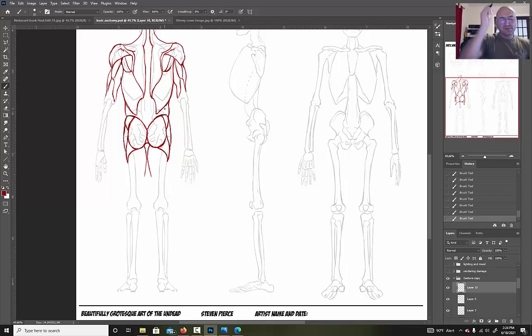Now that groin muscle is interrupted by the hamstring. The hamstring's going to attach up here, and then it kind of branches off in different directions. But for the most part, it's going to wrap the interior and then split right up the middle.